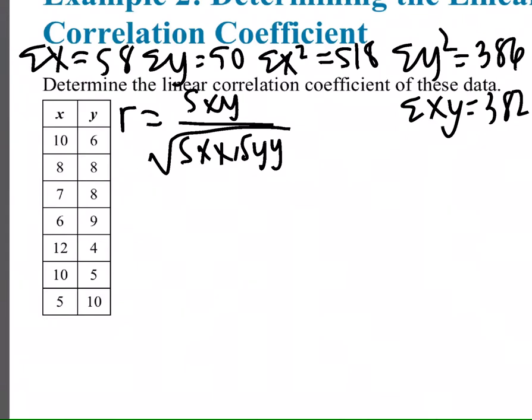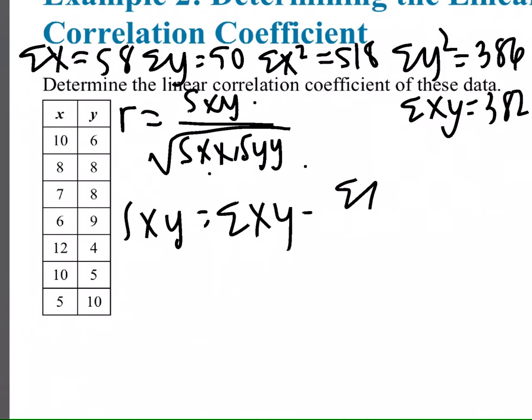Now, before we can plug anything into these, we have to remember that each one of these has its own formula too. So I'm just going to do it one at a time. S sub xy is the sum of xy minus the sum of x times the sum of y, divided by n. We've already found a lot of these.